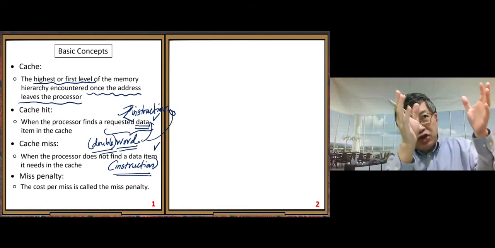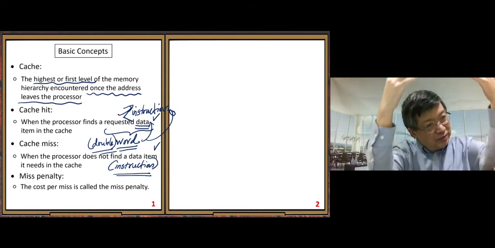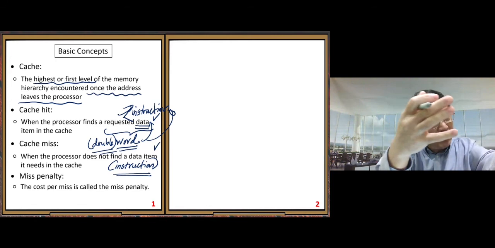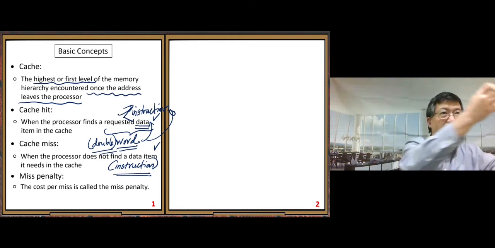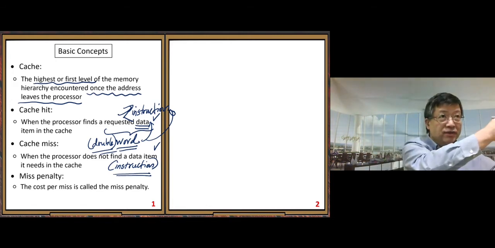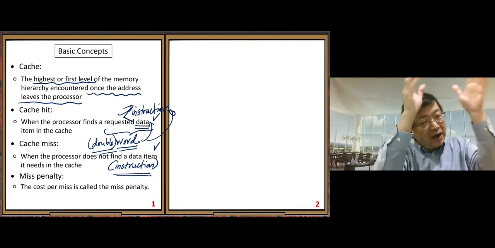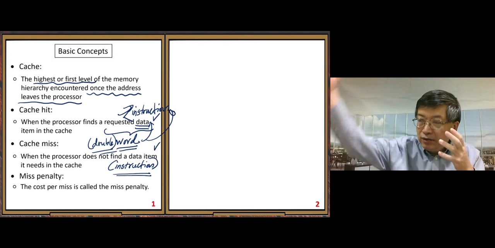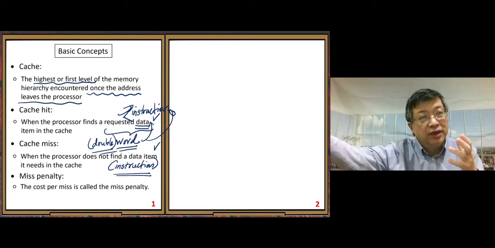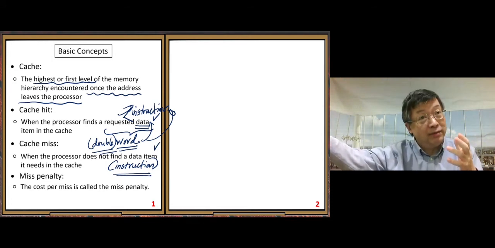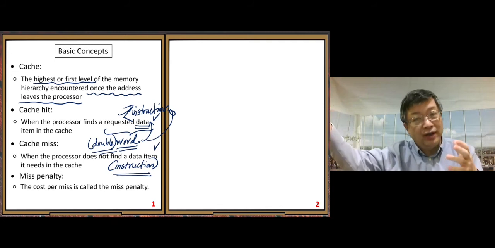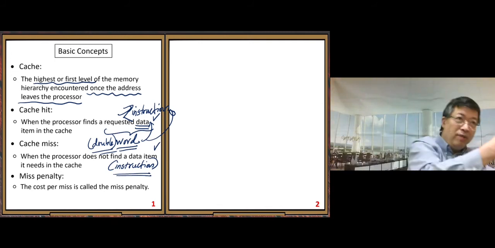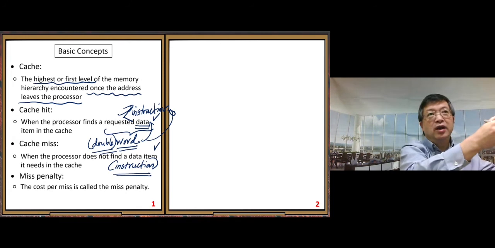When you have a cache hit, you just load data from cache to CPU directly, so that is very fast. If you get a cache miss, you have to go back to the main memory to find the data item, and bring it back to the cache. I use data item as an example because it happens more frequently.